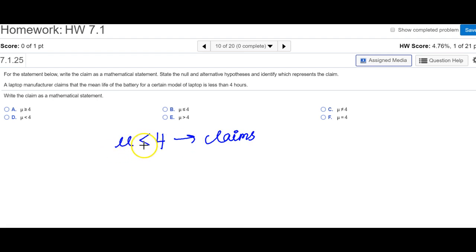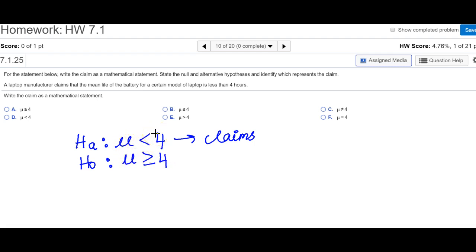This doesn't have an equality sign, so this is not my H0. This has to be my HA. So my null hypothesis is exactly the opposite: mu is greater than or equal to 4. So this is my claim, and the opposite is this.